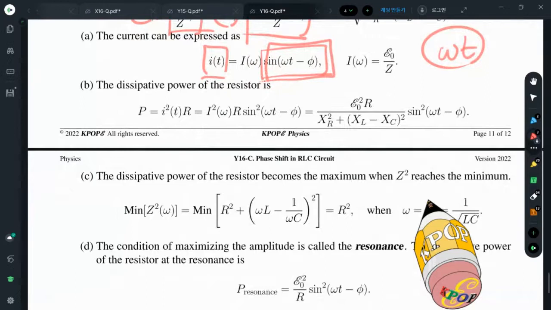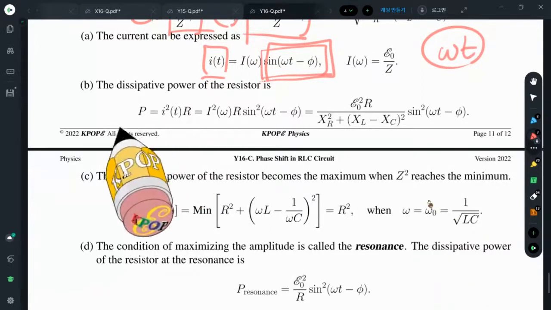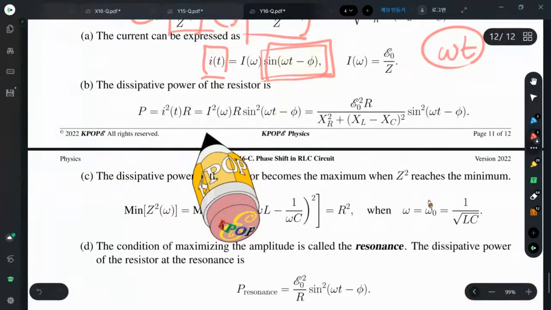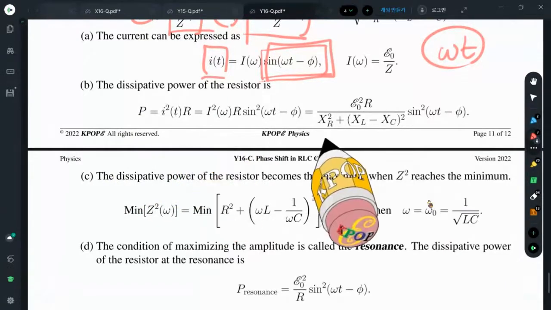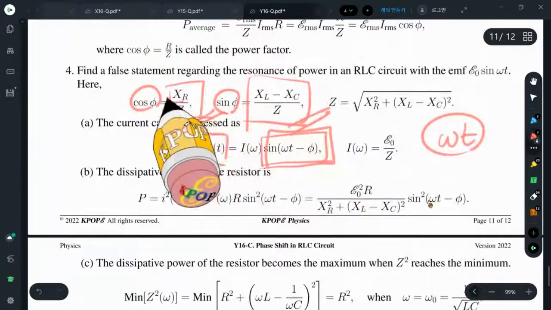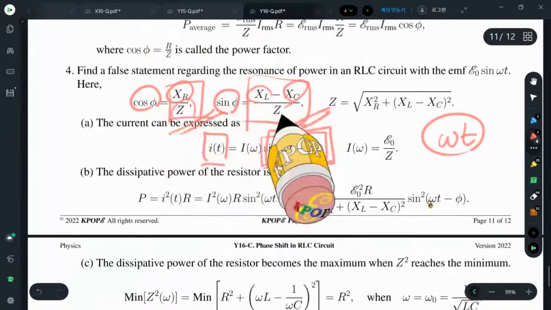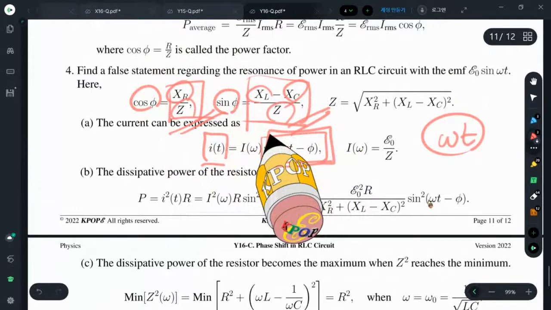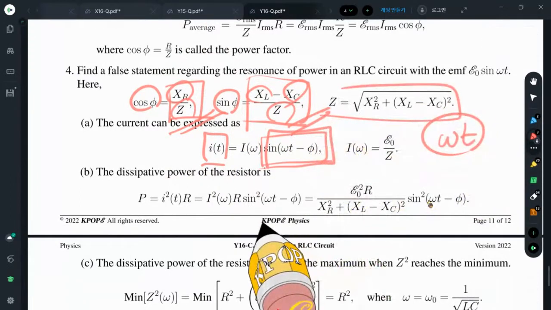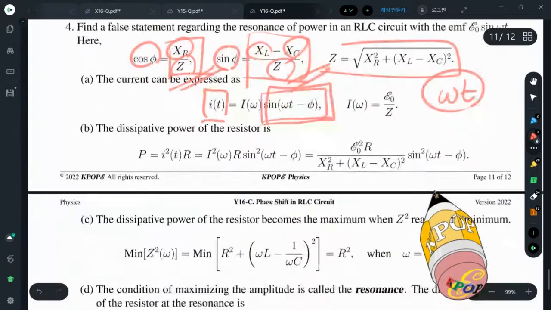So finally, this power of the resistor can be evaluated explicitly in terms of the reactances and impedance. If we substitute everything together inside the expression, you will find that.